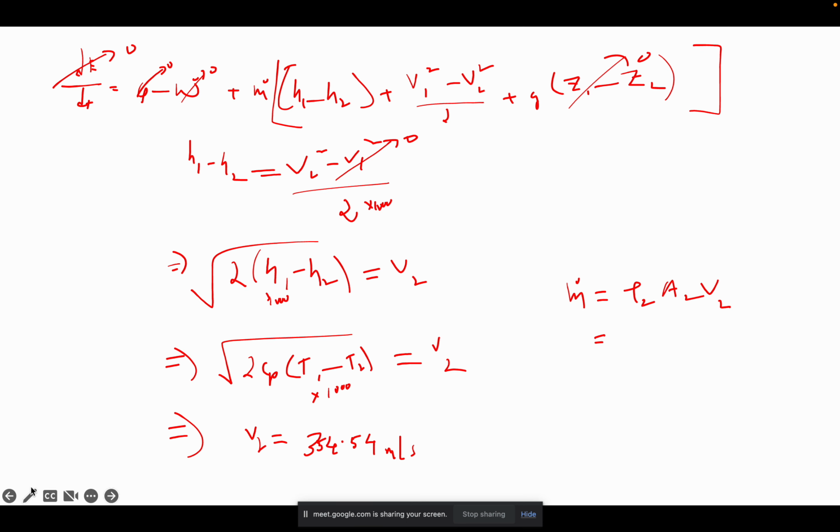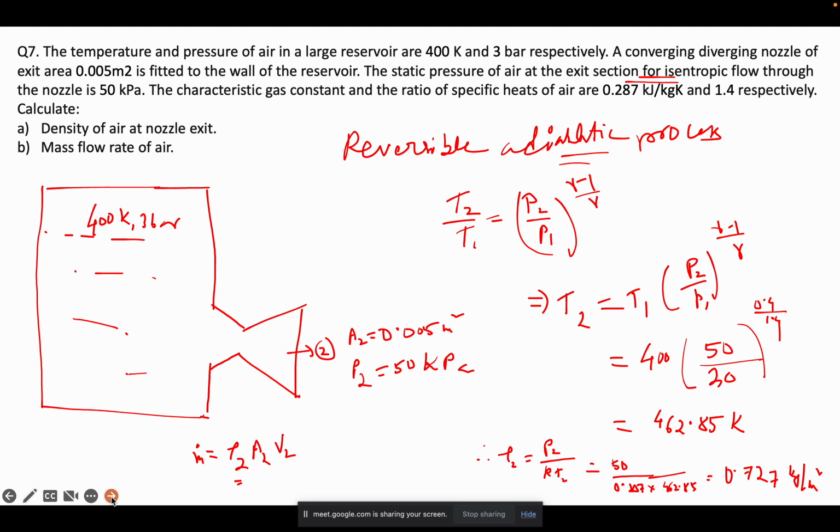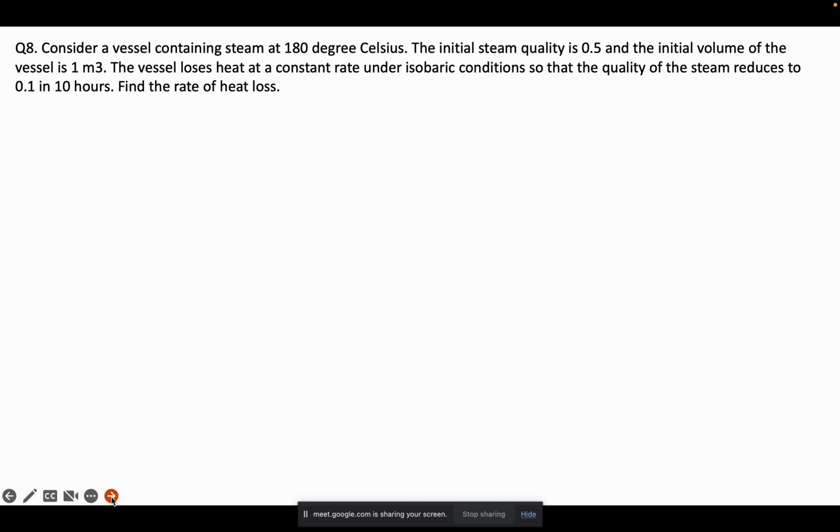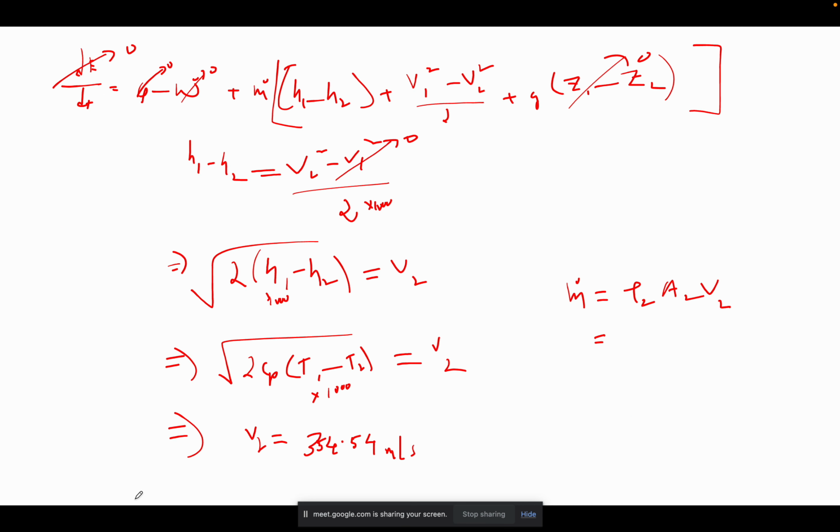So rho 2 I got 0.727, into area is given as 0.005, and V2 is given as 354.54. Okay, so that will be your 1.28 kg per second.